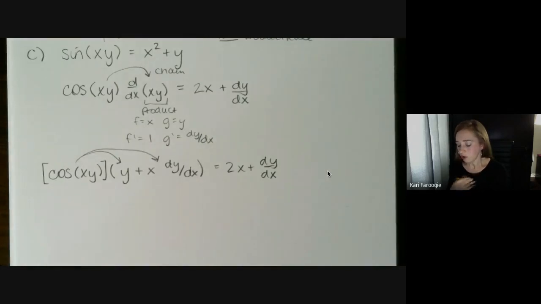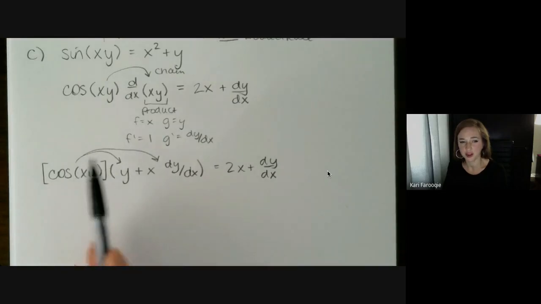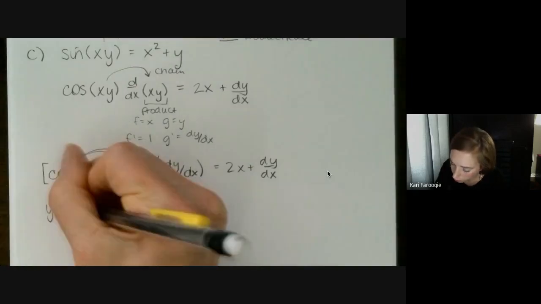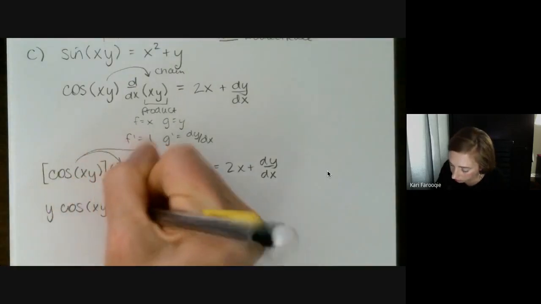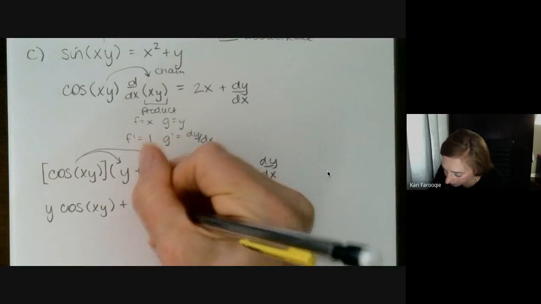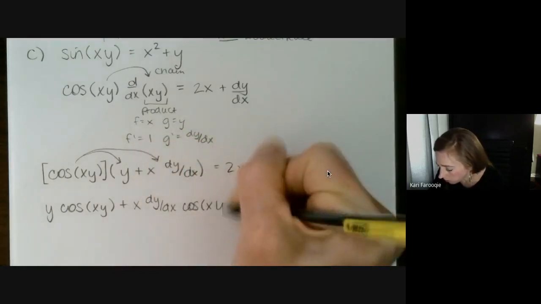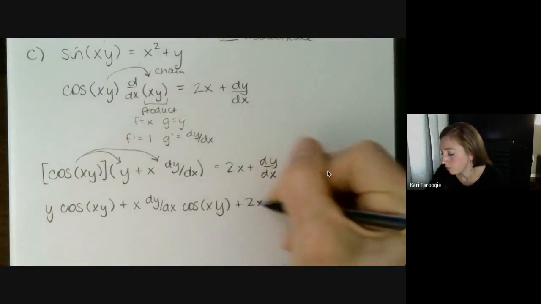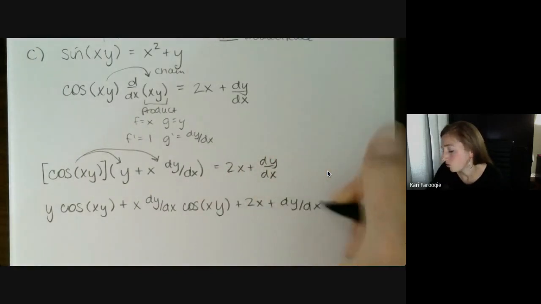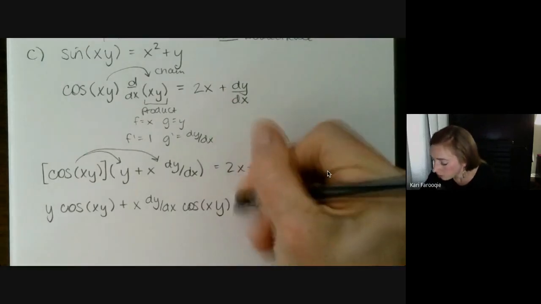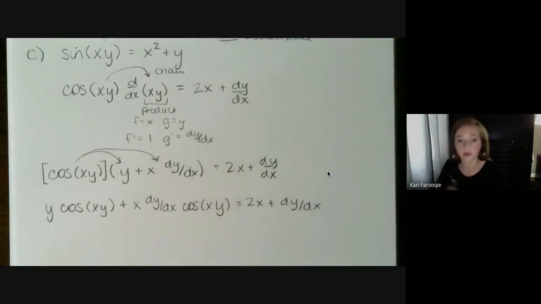When I distribute, I'm going to put these values in front of the trig function just because I don't want to accidentally multiply them into the angle. You can tell I've seen this mistake a lot, so I just want to make sure it doesn't happen. So we have y times the cosine of xy plus x dy/dx times the cosine of xy, equals 2x plus dy/dx.